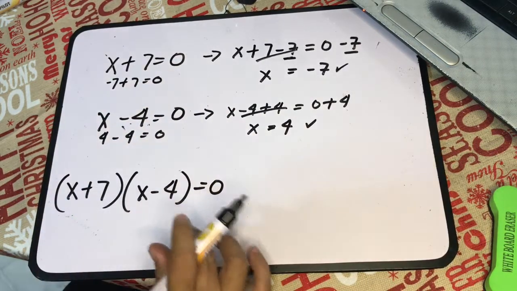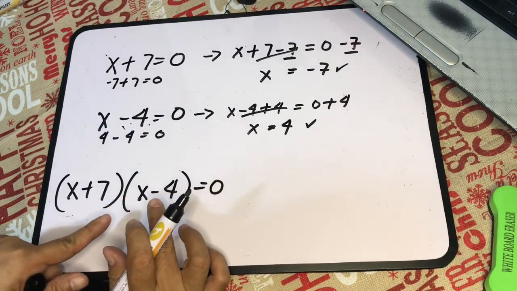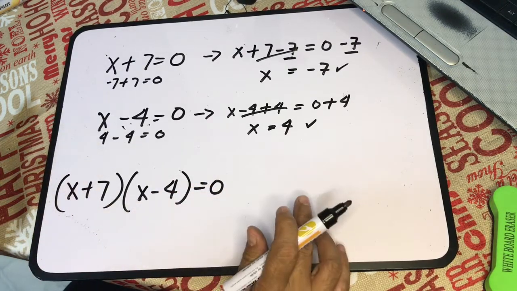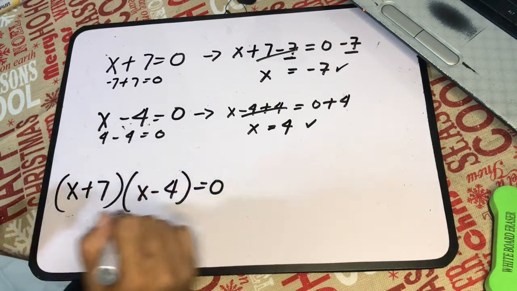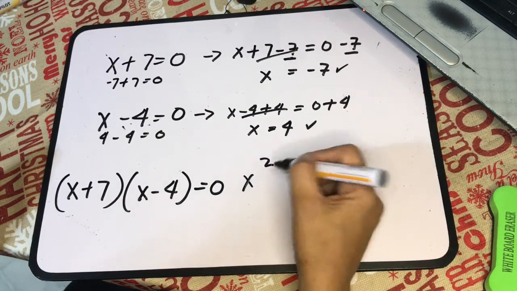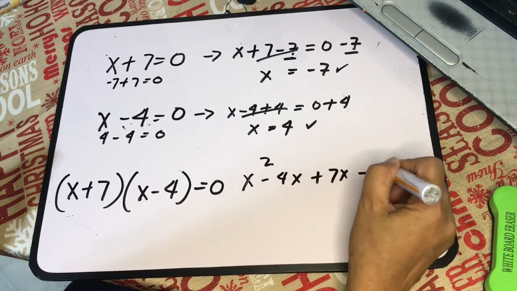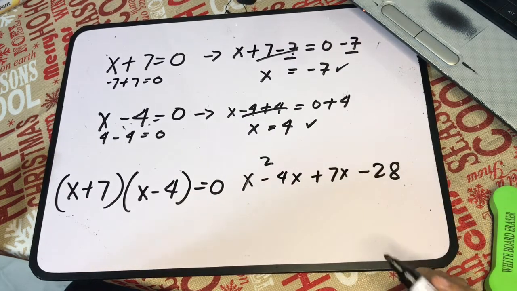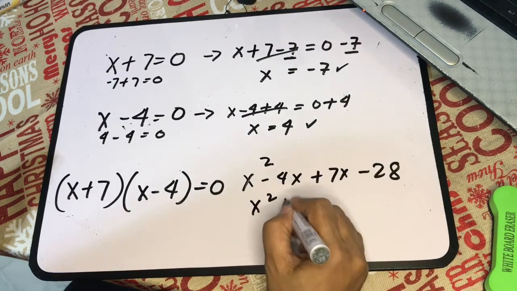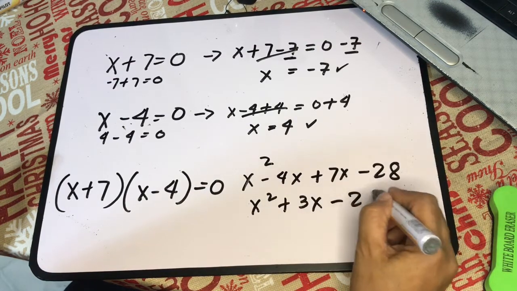Now, what about this one? If x plus 7 times x minus 4 is equal to 0, if you're going to get the product, this will be x squared minus 4x plus 7x minus 28, so x squared plus 3x minus 28.